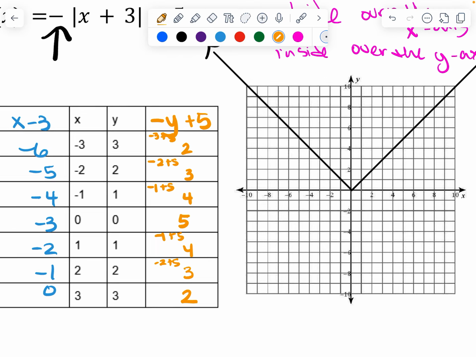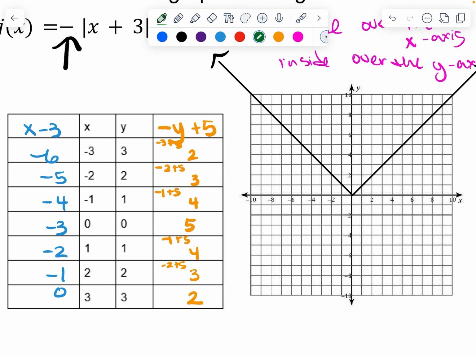So I'm going to plot these points. So -6, 2. -5, 3. -4, 4. Then I have -3, 5.